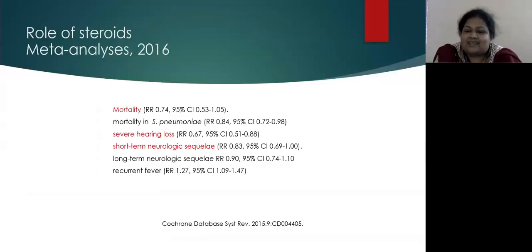So this was a meta-analysis done with some 25 studies and 4,000 participants. If you look at it, tell me what you think. What showed maximum benefit? Role of steroids in bacterial meningitis.